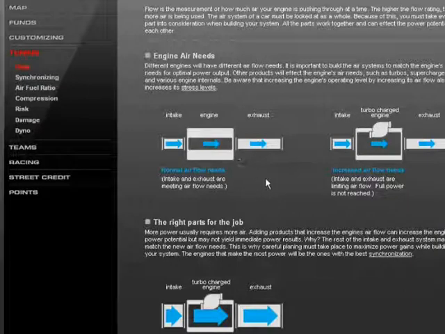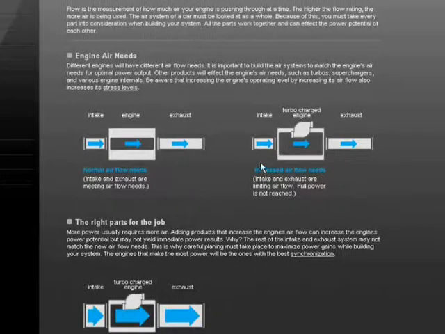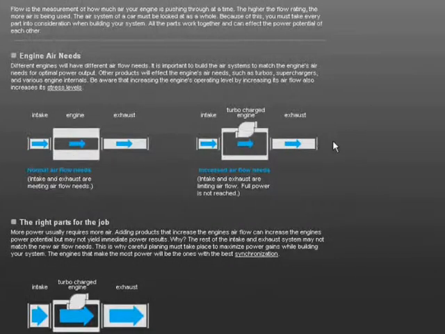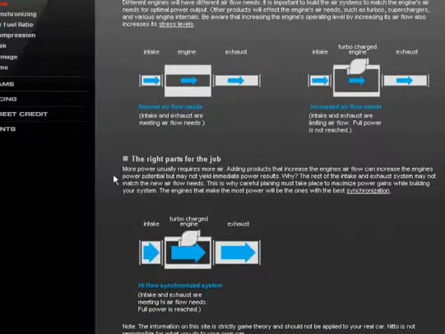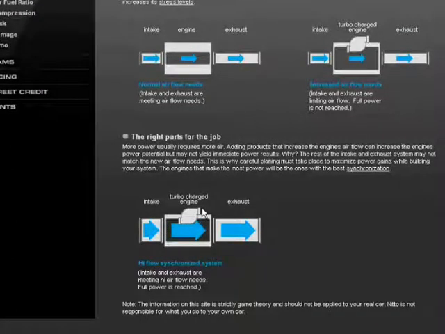The second concept it gives you is increased airflow. Airflow comes into the intake and fills up the engine, and the engine has more air flowing through it and out the exhaust. Since you have more airflow with the turbocharged engine, you're going to have to increase the intake piping and also your exhaust piping.